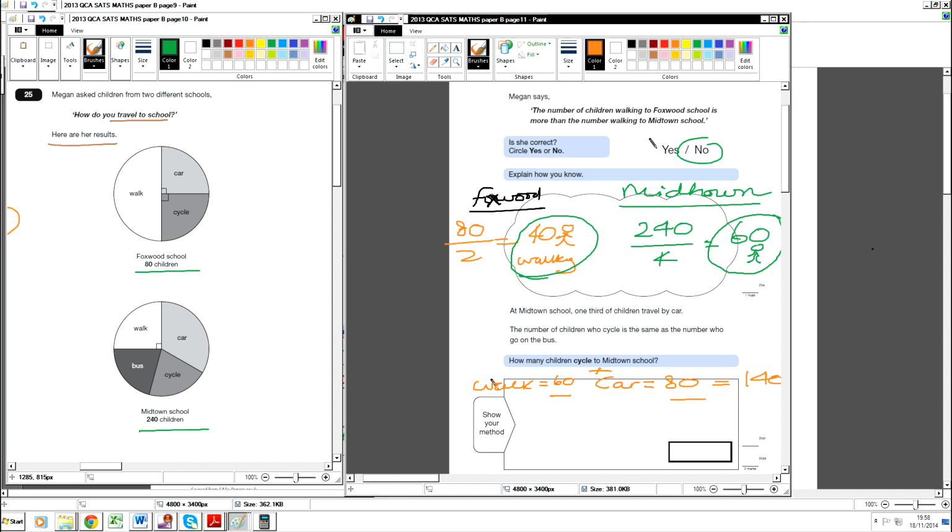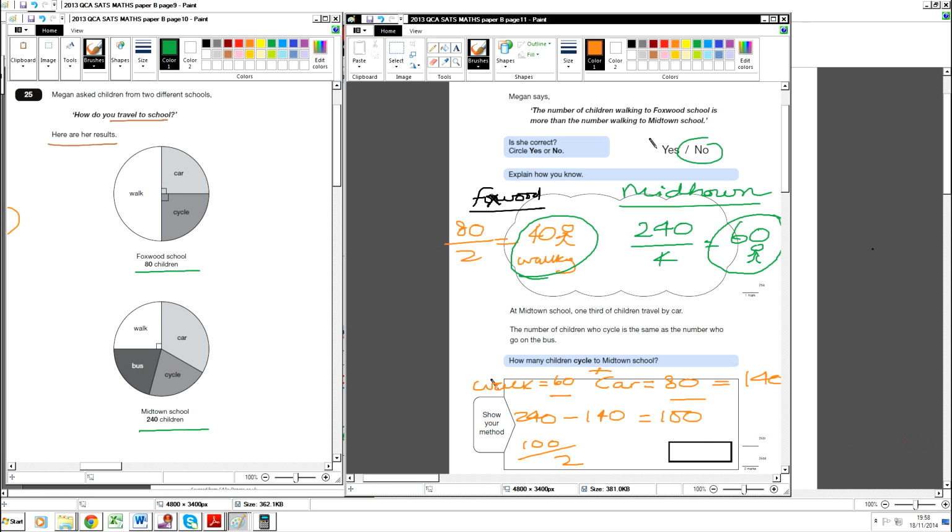How much is left from 240 then? We have 240 minus the 140 that we just counted. 240 minus 140 is 100. Because bus and cycle are the same size, it'll be 100 divided by 2 to work out how much in each section, because they both have the same rating.